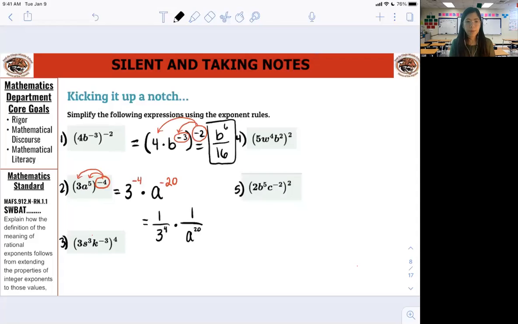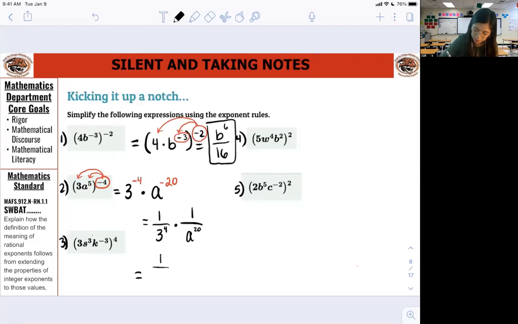Now, what is 3 to the power of 4? 3 times 3 is 9, times 3 is 27, times 3, 27 times 3, 81.